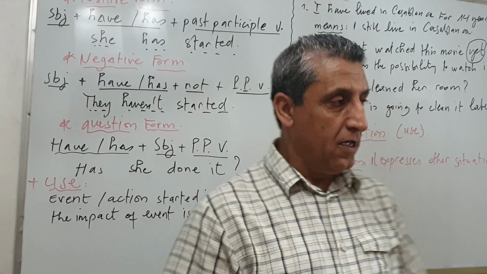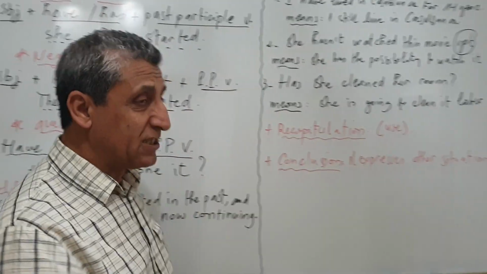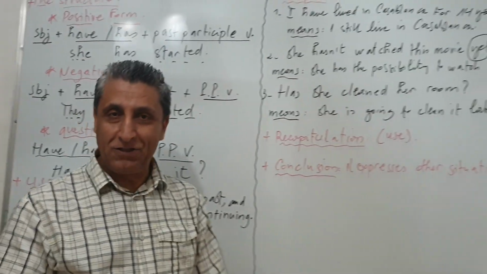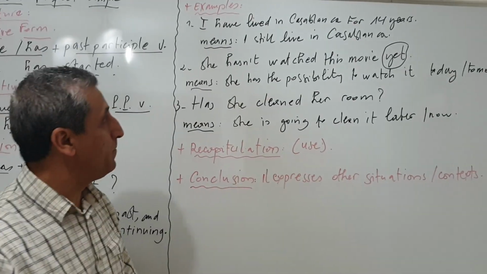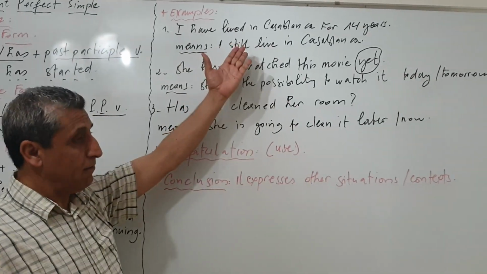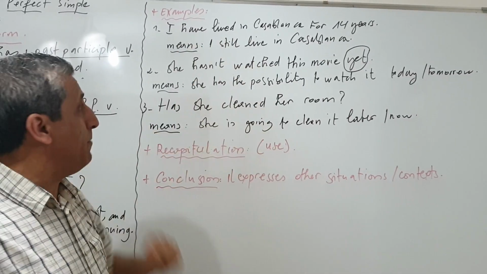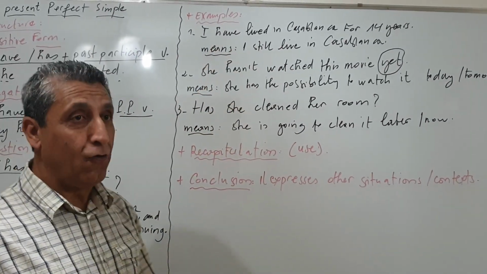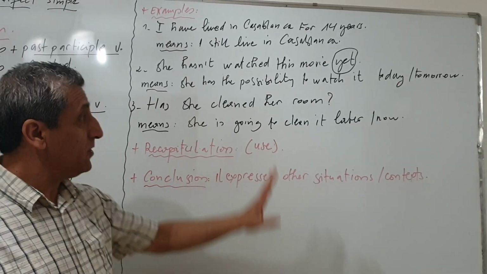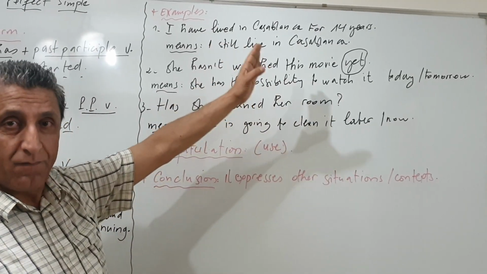Good. Now, let's move to examples. To explain, we need examples. Let's start with the first example. I have lived in Casablanca for 14 years. So I have lived.